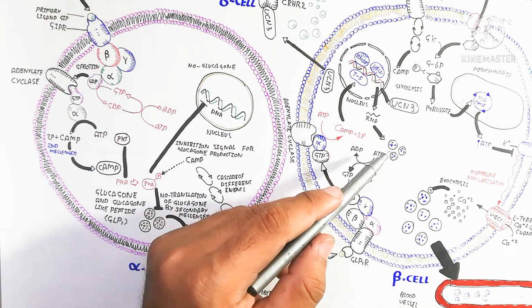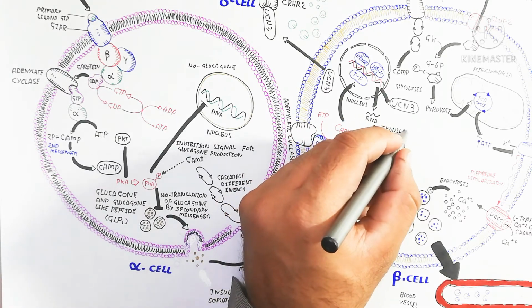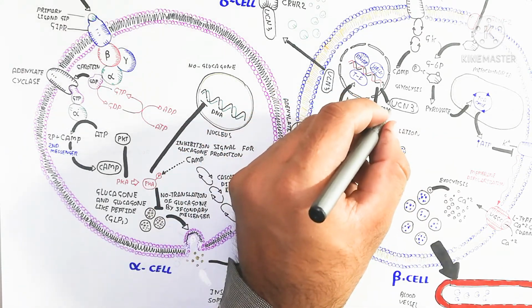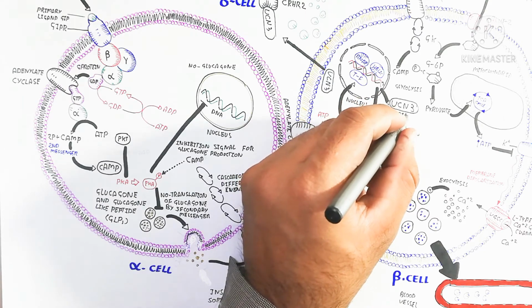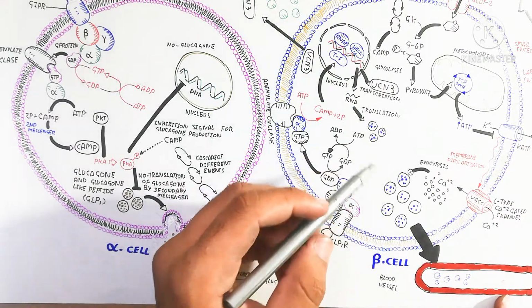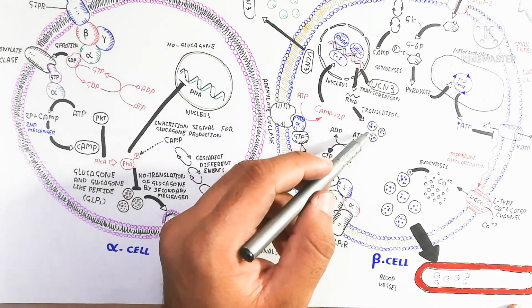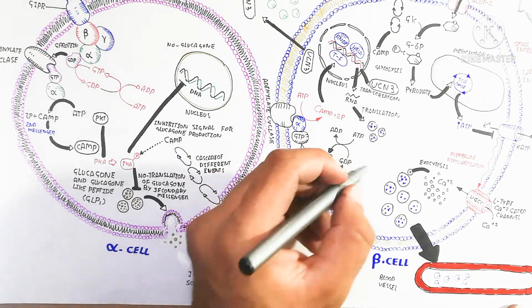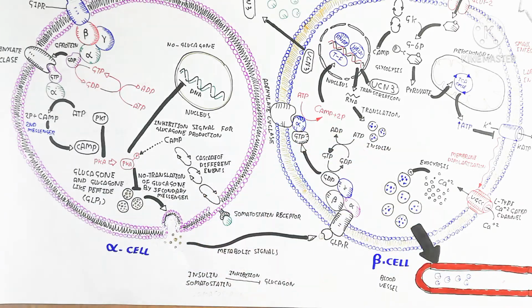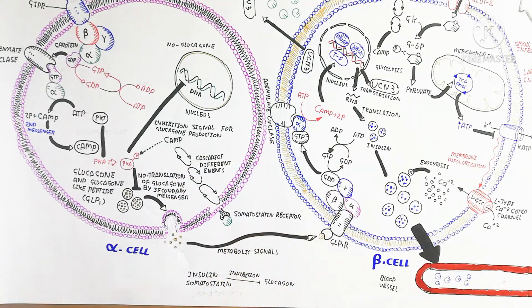Here is the nucleus, which produces UCN3 and insulin. The messenger RNA is produced by transcription, and translation is used for the production of insulin. This insulin is packaged by the endoplasmic reticulum and Golgi bodies for maturation, and then it is allowed to undergo exocytosis by the stimulation of calcium ion, which we have also understood.